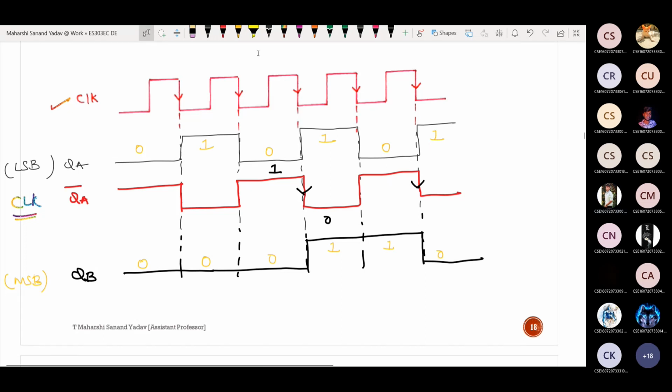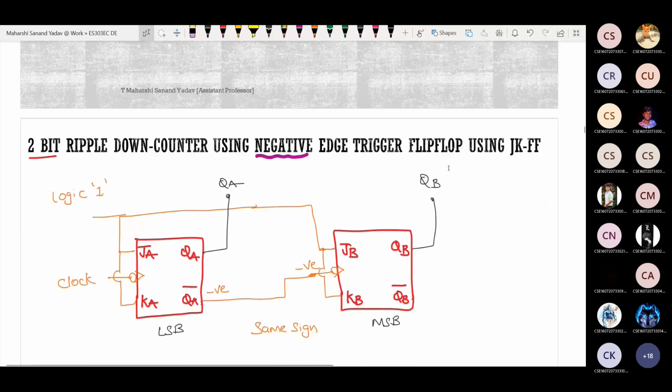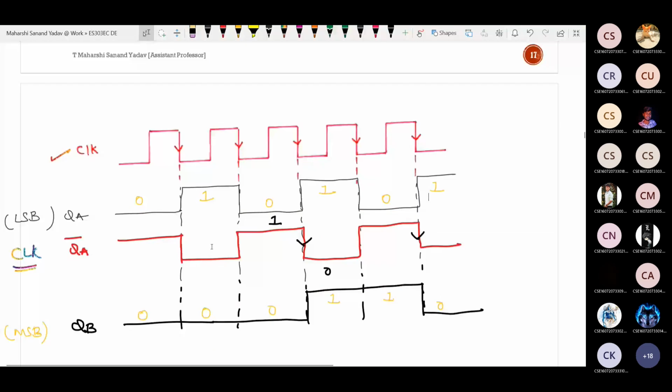Why are you getting up and down simultaneously? I want only a down counter using negative edge trigger. Where is the mistake? Try to find it and tell me. Sir, in QA bar you left out the negative edge trigger. Correct. So the negative edge trigger was not taken into the picture.